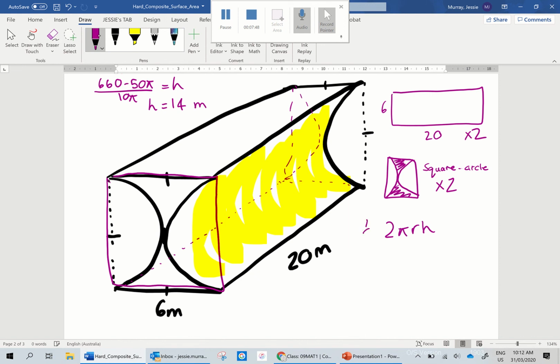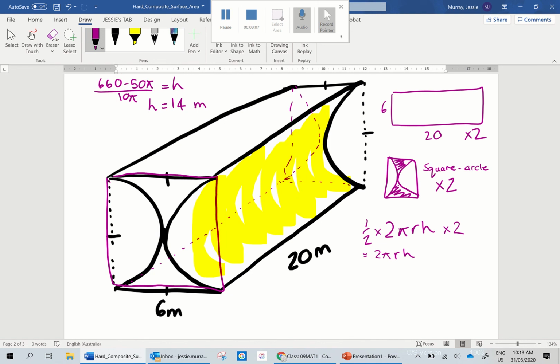Or think of it as half a cylinder, so half of 2 pi RH, the hollow section, but then times that by 2 because there's 2 of them. Your half and your 2 will cancel out, which is the same thing as just doing 2 pi RH. Tough question. This is probably as hard as it gets for you guys at this point, so don't stress if you are struggling.